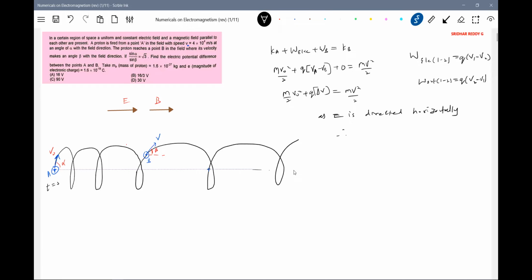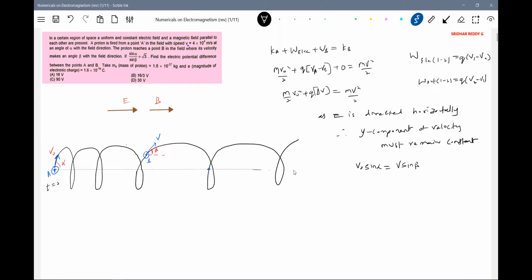So therefore, the Y component of velocity of the particle should remain constant. So therefore, V naught sine alpha should be equal to V sine beta.